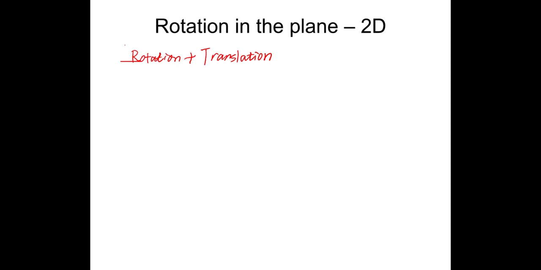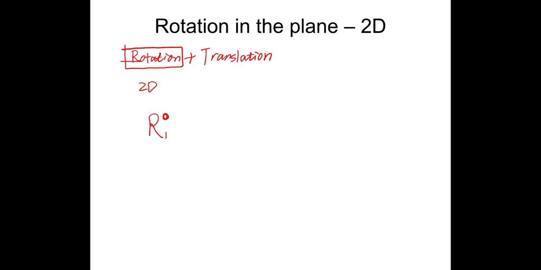So far we have talked about the concepts of rotation. Today we will continue to talk about the calculation with some examples of rotation matrix. For rotation, so far we talked about the 2D rotation matrix. For example, if we have the rotation matrix R10, it means the rotation of frame 1 with respect to frame 0.